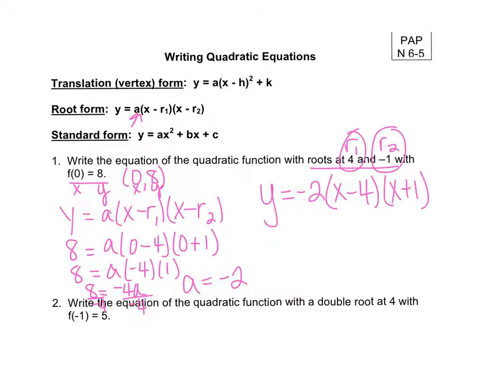So you're using that point x and y to find a. Once you find a, you're going to plug it back into your root form. Do not plug anything in for the x and y because we want an equation there or a function that we can graph. So there's our root form. So if you're given the roots, plug into root form. If you're given the vertex, plug into vertex form.